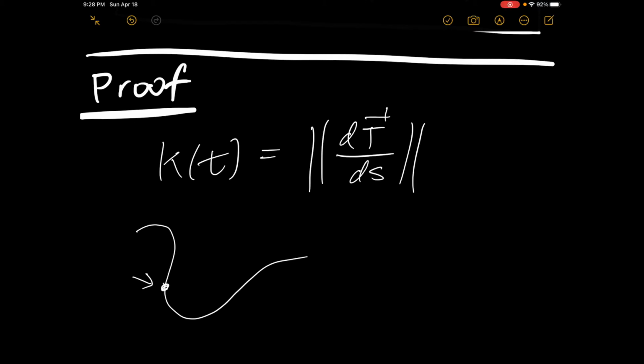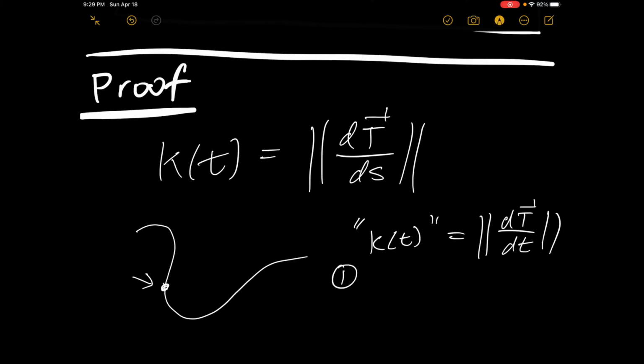Imagine, for example, that the curvature was dependent on time. Let's see what would happen. If it was dependent on time, imagine that in our first instance our velocity was, say, 1. Then it might change this much. But imagine in the second instance our velocity was much quicker.